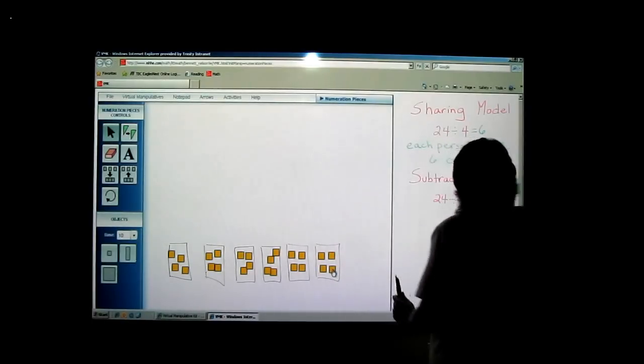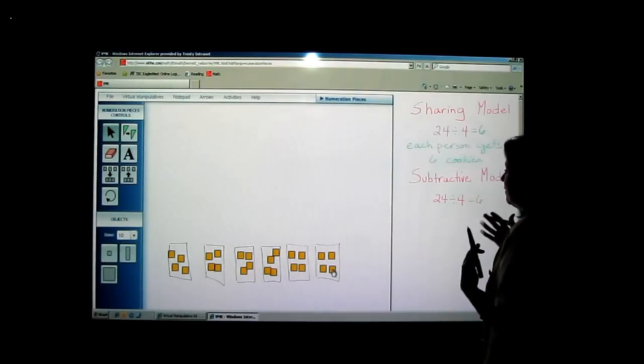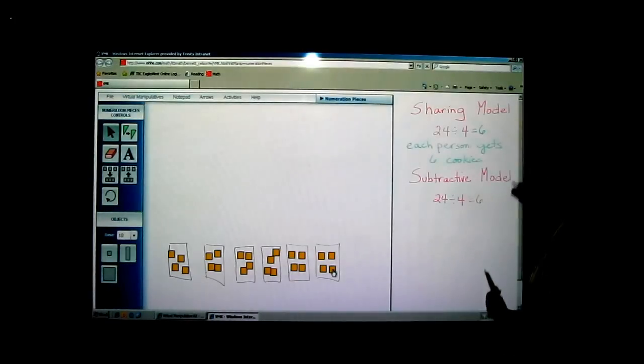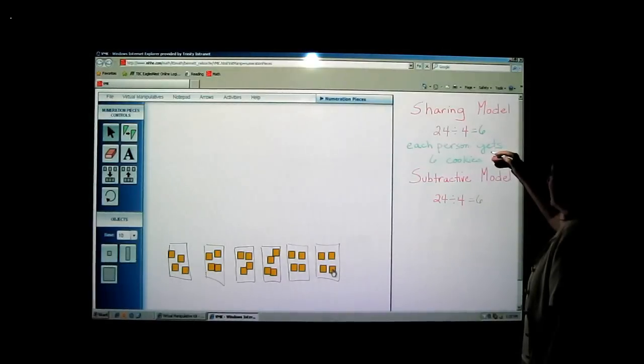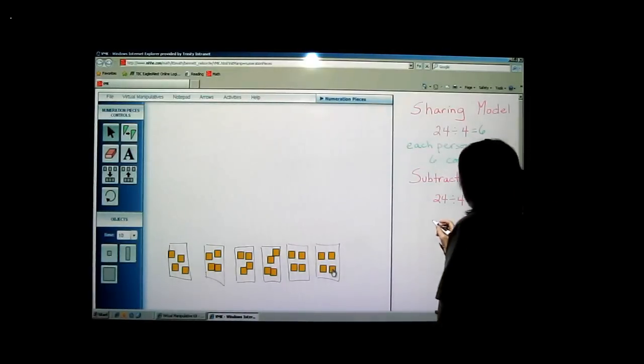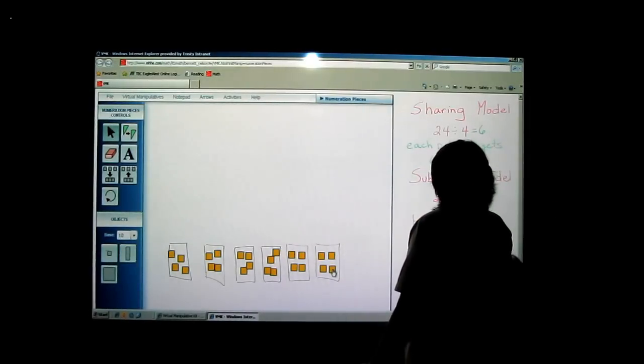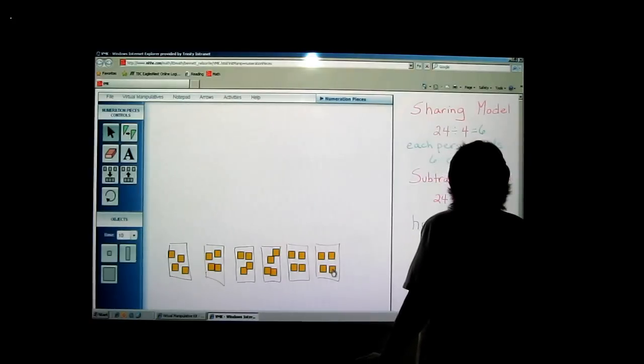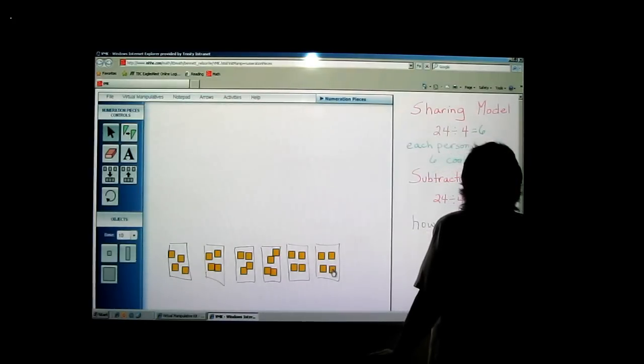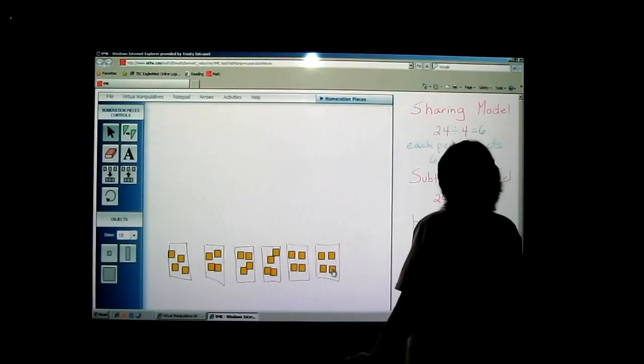The answer doesn't change, but what the answer represents changes. In the sharing method, the answer represents how many each person gets. In the subtractive model, it is how many lunches could Mom pack?